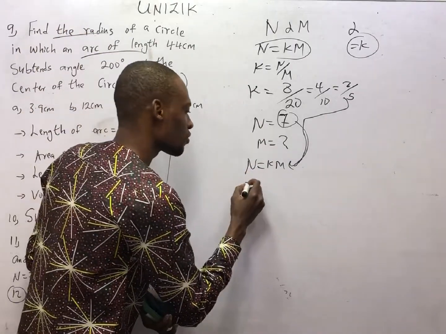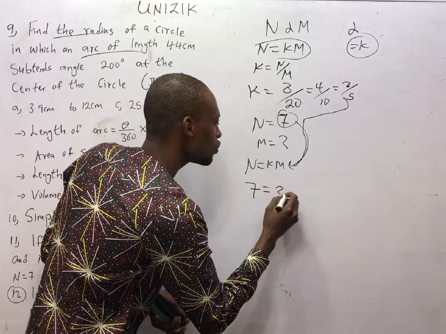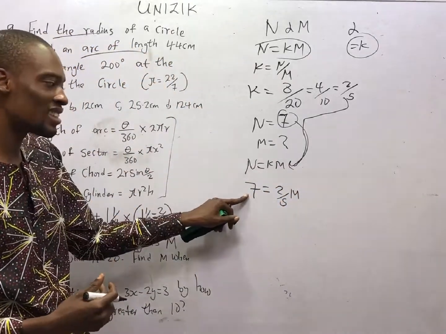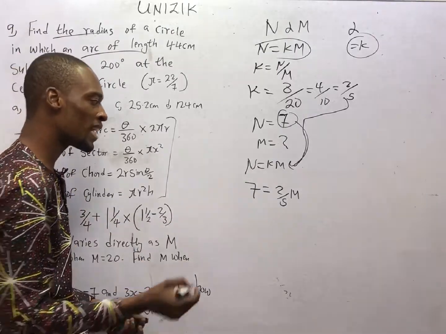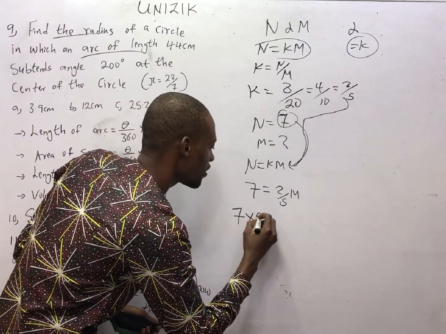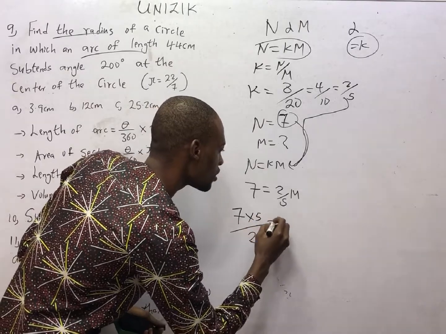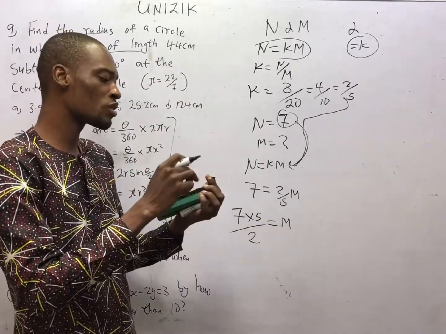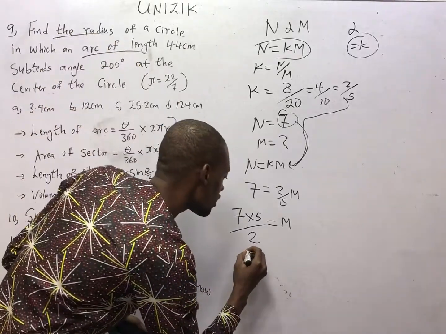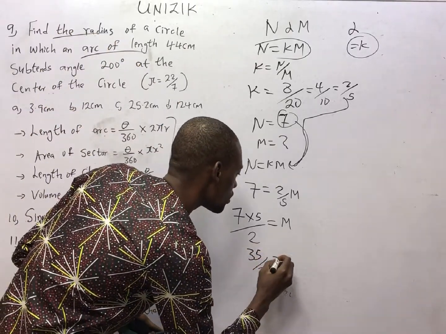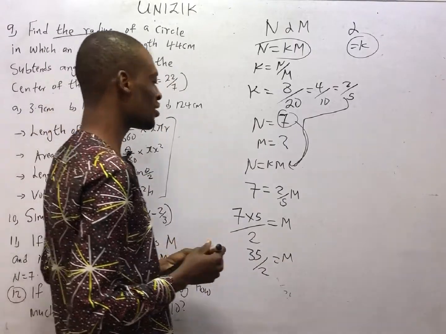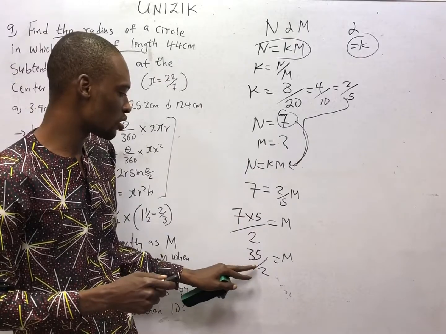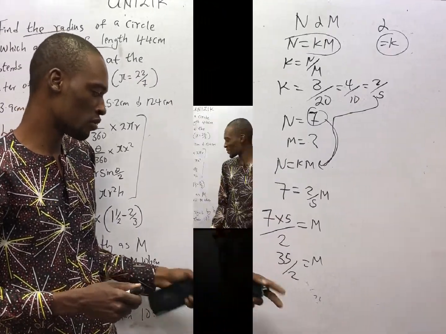If n is 7, 7 is equal to 2 over 5 m, where 2 over 5 is the constant and this is n. Cross multiplying, 7 times 5 over 2 is equal to m. What is 7 times 5? 5, 10, 15, 20, 25, 30, 35. 35 over 2 is equal to m. So that is the value of m when n is 7: m is 35 over 2.